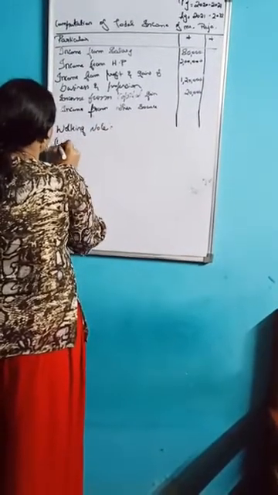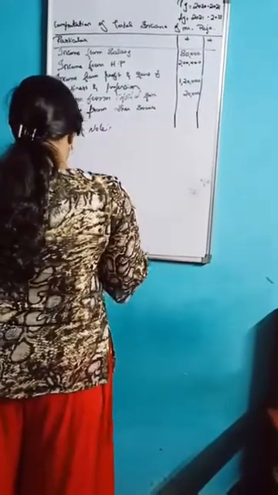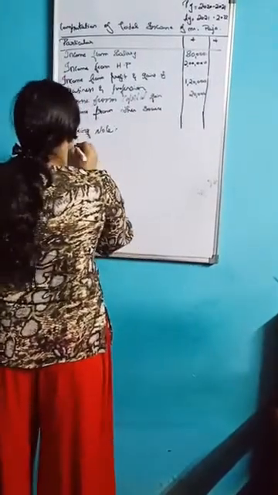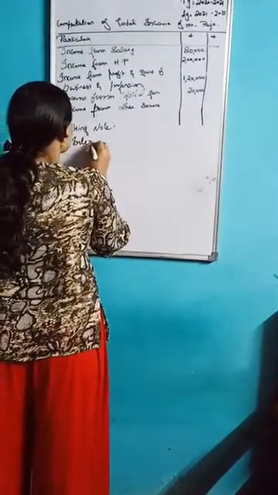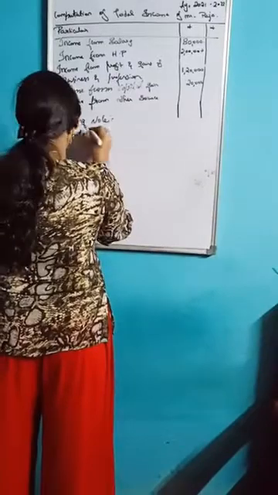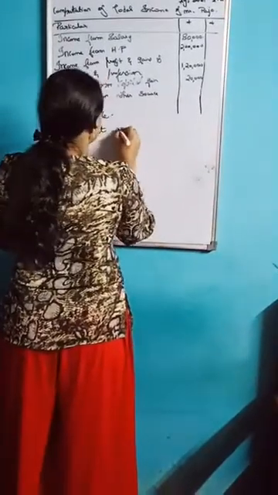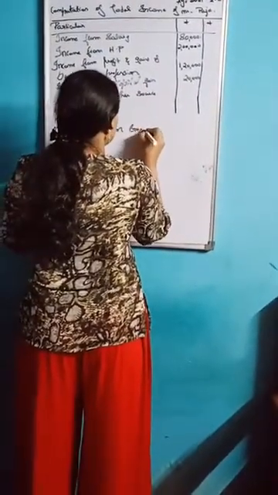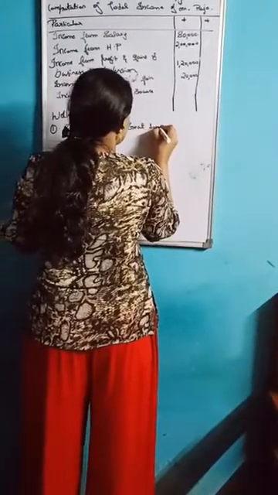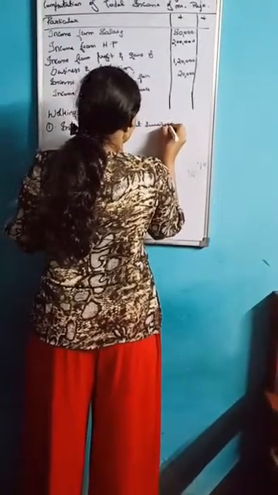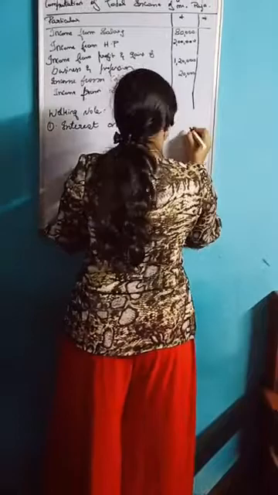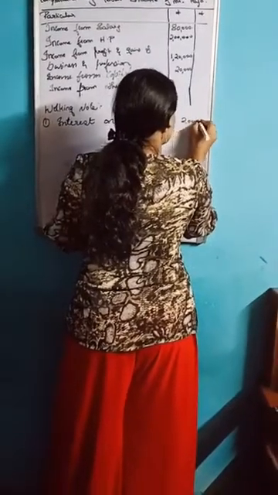So first point is interest on government securities, $2,000.